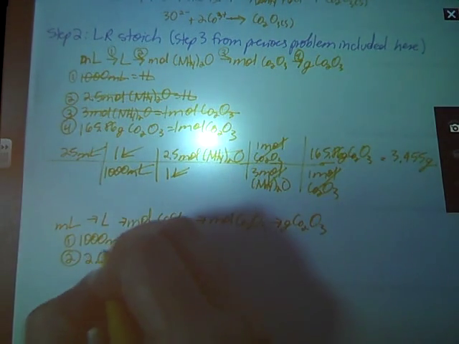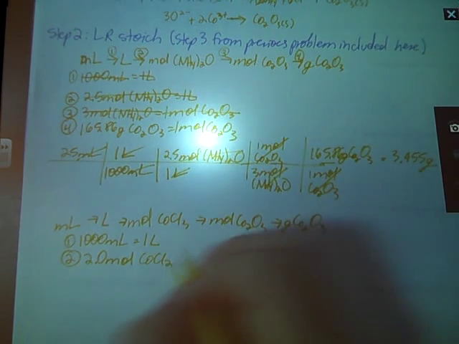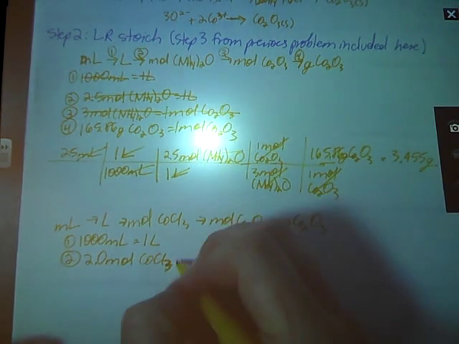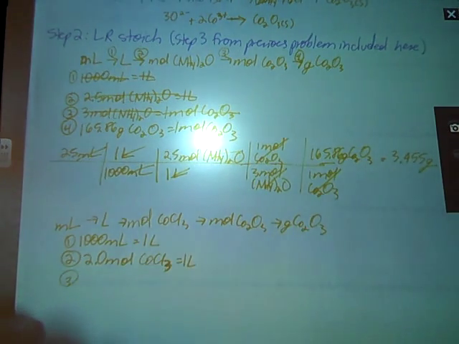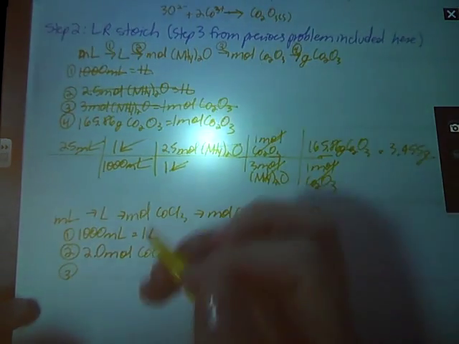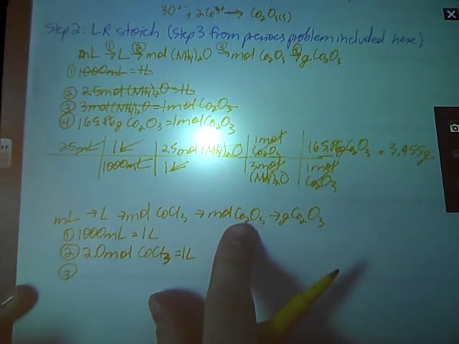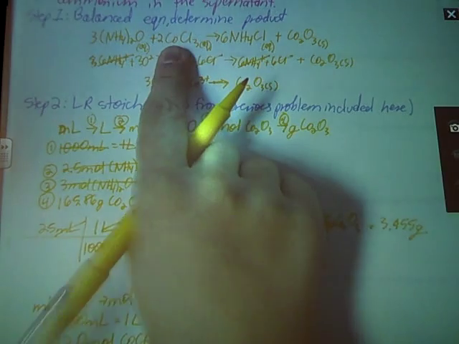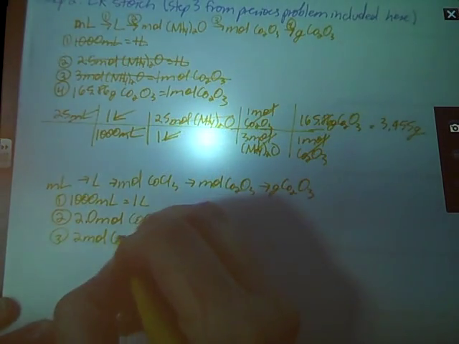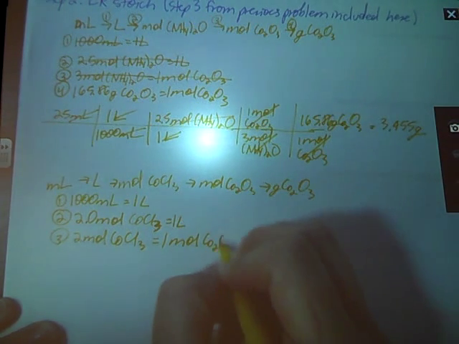Back to our problem to get our moles to liters conversion. In this case, it was 2 moles per 1 liter of our cobalt chloride. It's a lovely pink color, cobalt chloride is, just in case you care. Step 3, moles of reactant to moles of product. We go to our balanced equation. There's a coefficient of a 2, if you remember, in front of our cobalt chloride, and a 1 in front of our cobalt oxide.